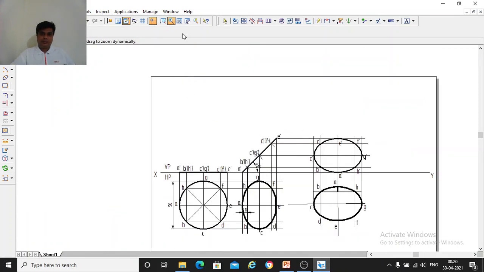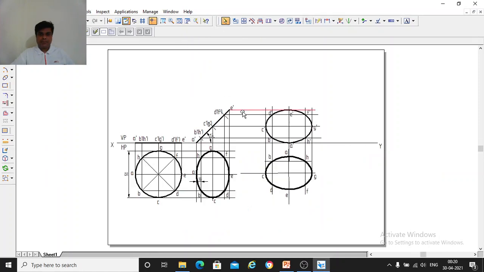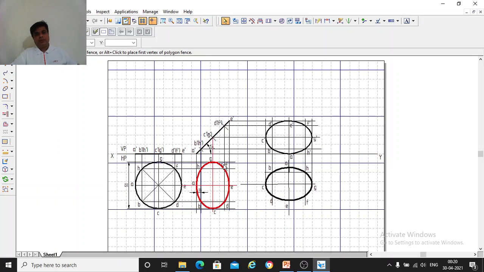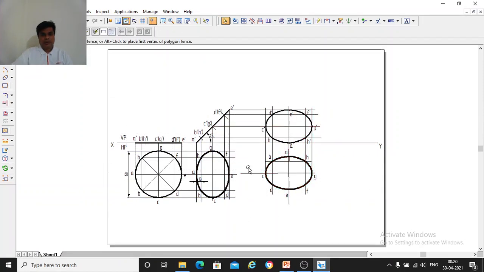So you can see here. So in the drawing sheet your drawing looks like this. So it takes some time. Okay, so you have to practice. So if you practice, you can draw faster. So this is your drawing now. So you will just copy this.